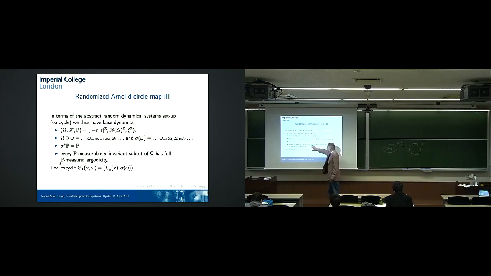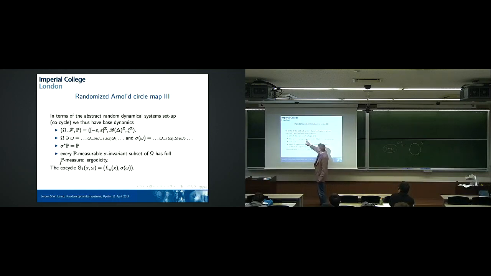So every measurable shift-invariant subset of omega has full measure or zero measure under this thing, and we have this sigma subset. That would be a little exercise. Anyway, so we have the kind of cocycle, and the cocycle here is that we have f of omega 0, that basically you read off the right symbol.